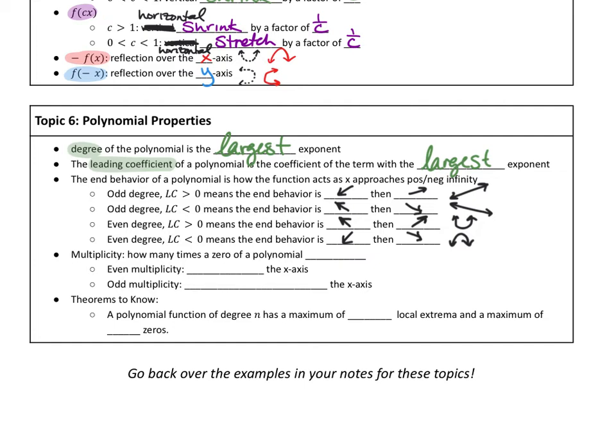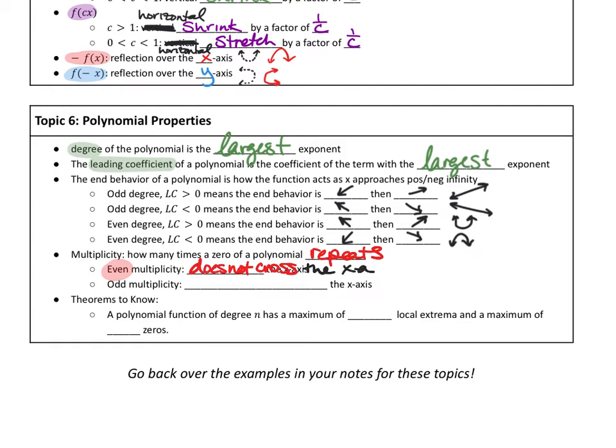Multiplicity is how many times the 0 of a polynomial repeats. An even multiplicity, so 2, 4, 6, 8, on a particular 0 means that the graph does not cross the x-axis. I know I covered up those words, so I'll write them again.